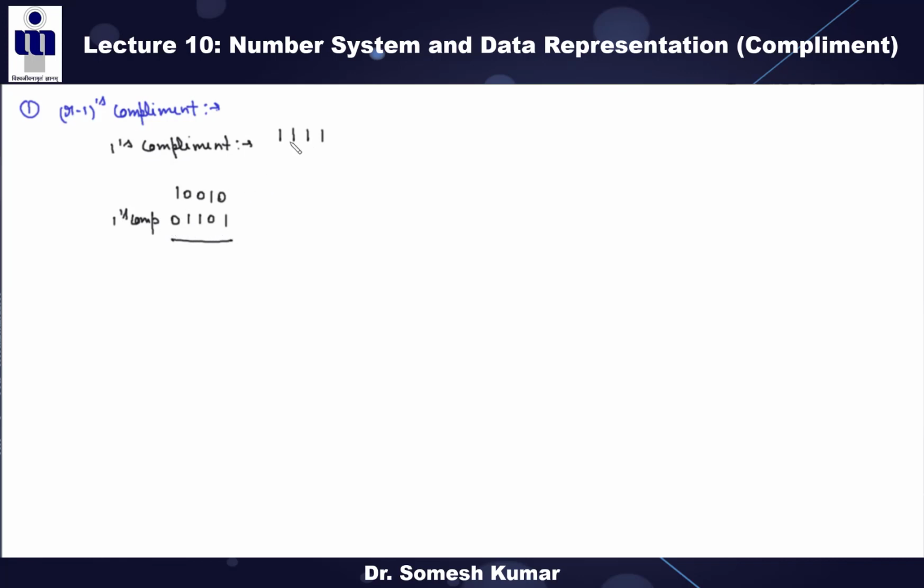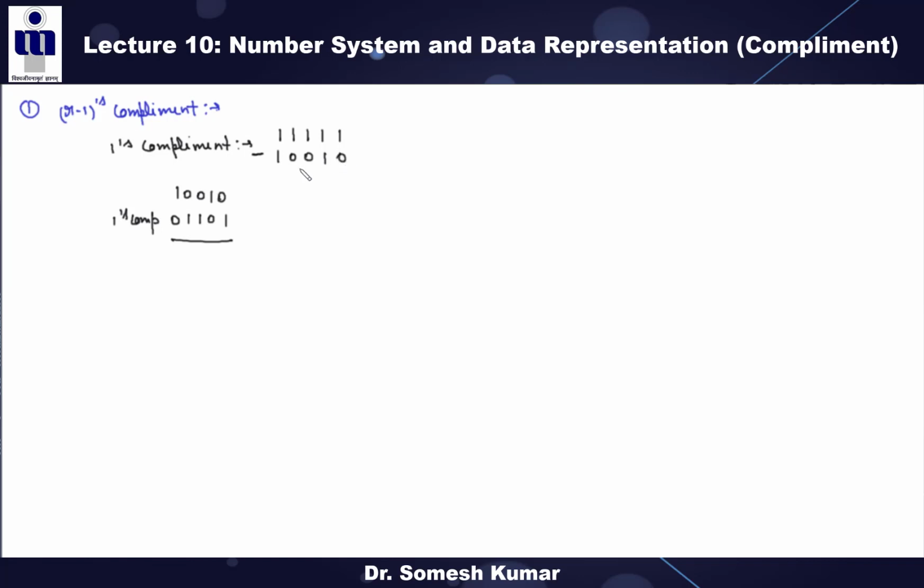So you have to take the maximum number of those 5 bits, and subtract the number from it.